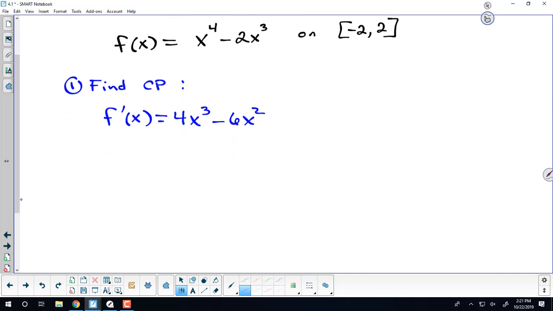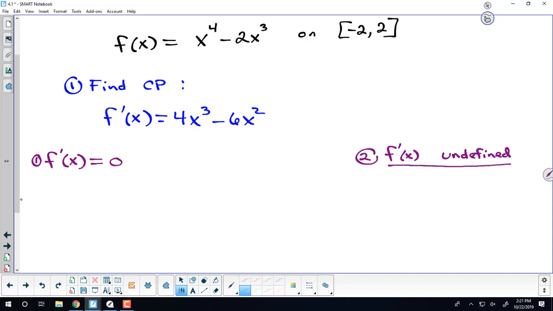Okay. So when does the first derivative equal 0? And when is it undefined? Or is f prime undefined?